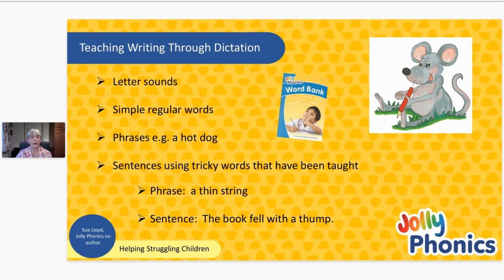In the beginning, when you first start with the whole class, you should do dictation. The whole class, it's a bit of a mess and everything, but they do get used to it. They just come to the table and they just do it. Then little regular words that they should be able to write. And then when you get a bit better, a phrase. And then when they've learned a tricky word or two, you can start sentences.